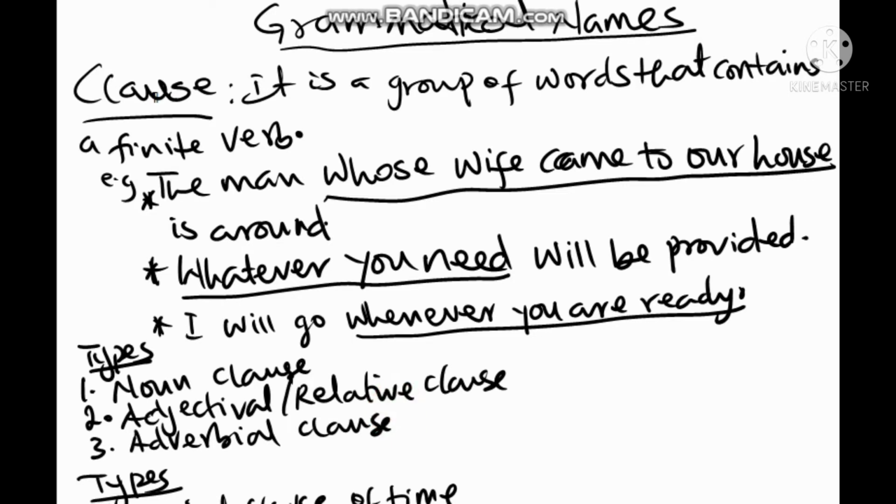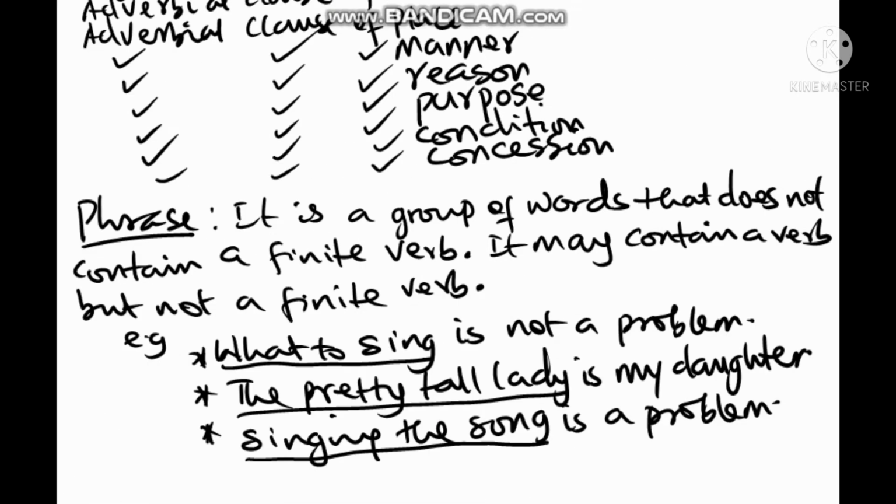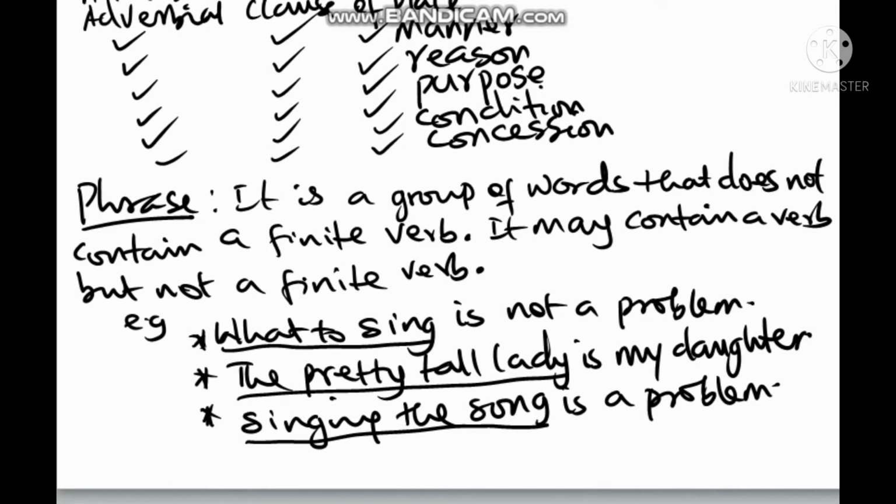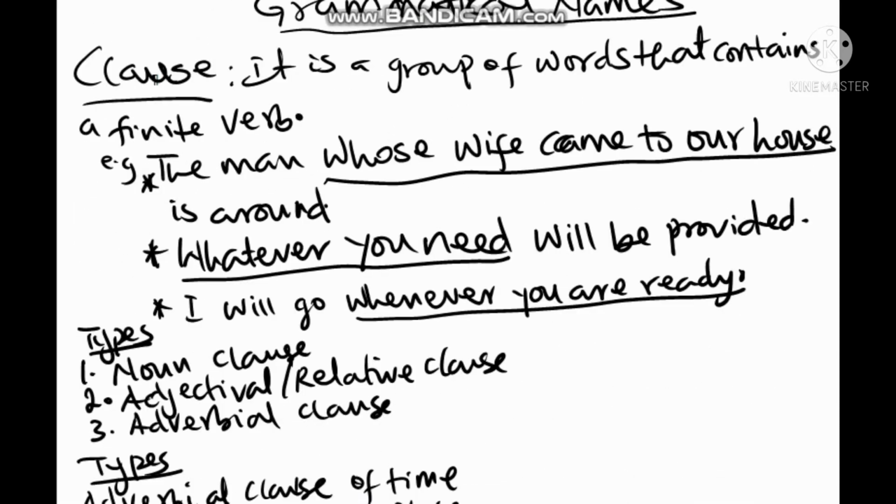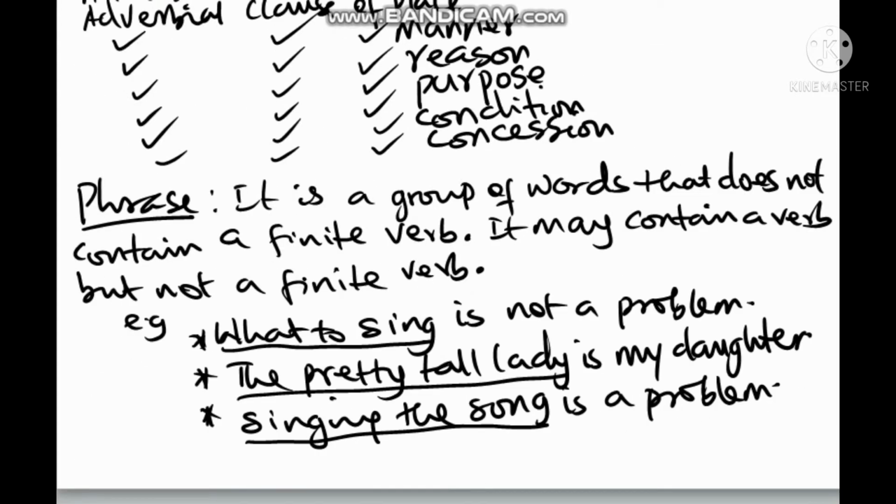For adverbial clause, we have different types: adverbial clause of time, place, manner, reason, purpose, condition, concession, result, and degree, which can also be called adverbial clause of frequency.